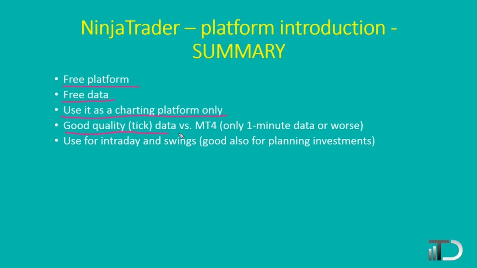NinjaTrader has good quality data. It has the tick data, whereas MetaTrader only has 1 minute data or worse, and the 1 minute data is limited, so you don't have unlimited history of 1 minute data, you only have a few months of it.